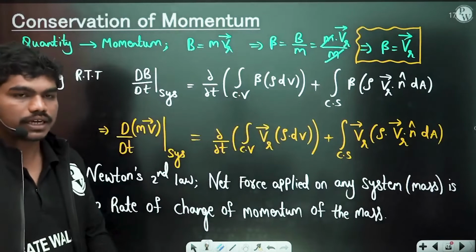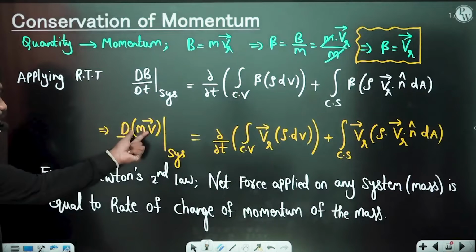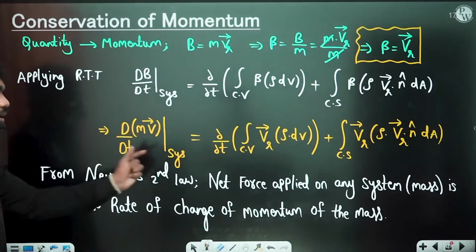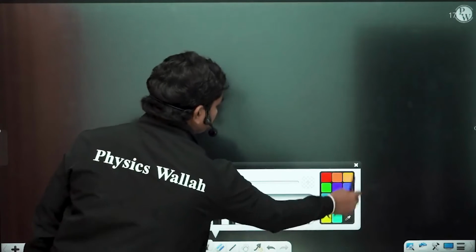This is what we have as Newton's second law. Now if you see, this is momentum, so the rate of change of momentum of this particular system actually gives you the net force acting on the system.